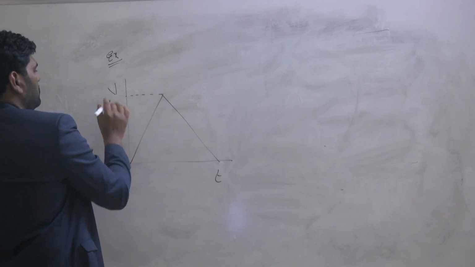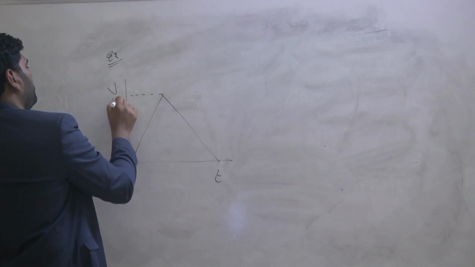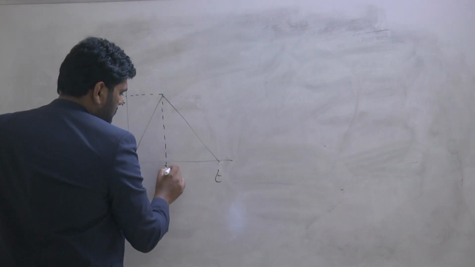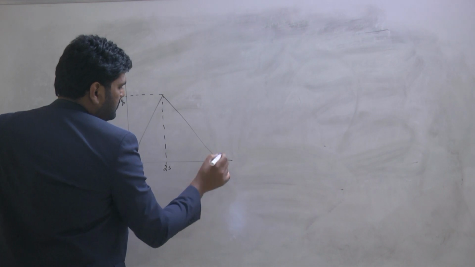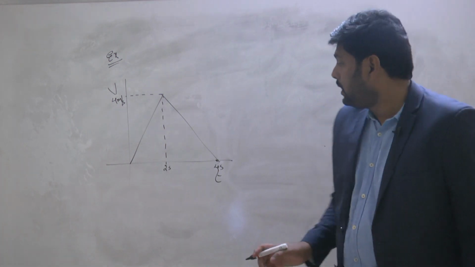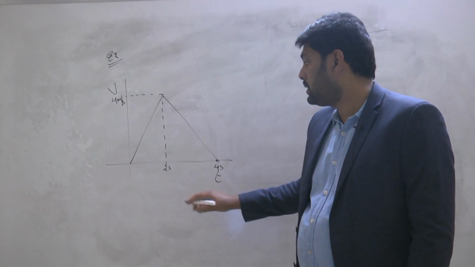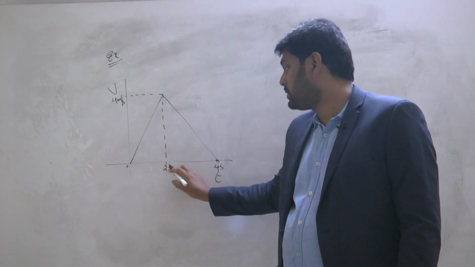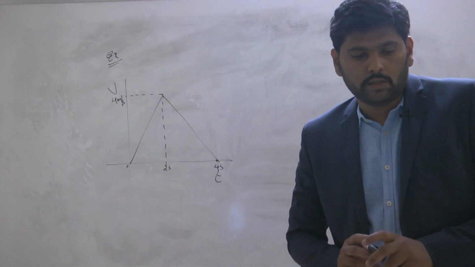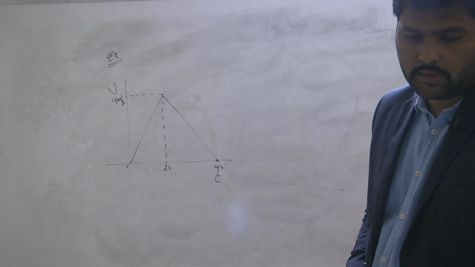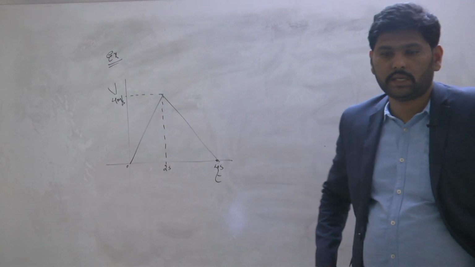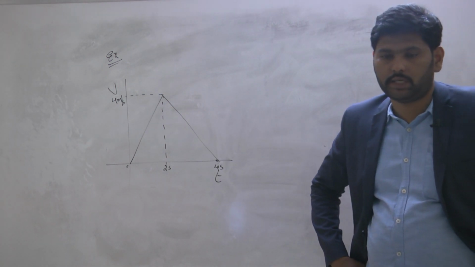Let me take 4 meter per second here, 2 seconds here, and 4 seconds here. In the first 2 seconds, what is the distance traveled by the object, using the graph?